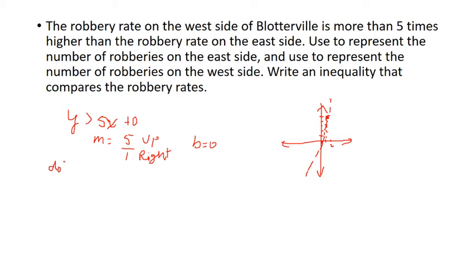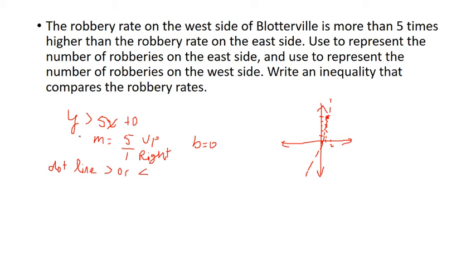Dotted line or a dashed line, whatever you want to call it, because I have greater than. So if you have a greater than or less than, you're going to have a dotted line or dashed line. This indicates that the point that's on the line is not a solution.